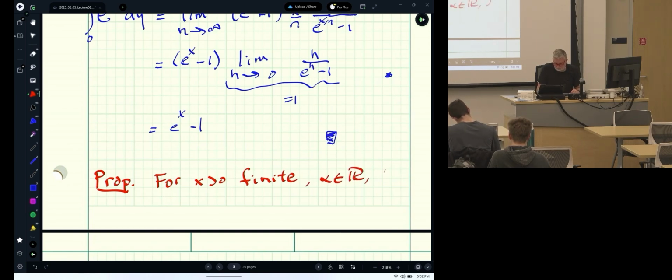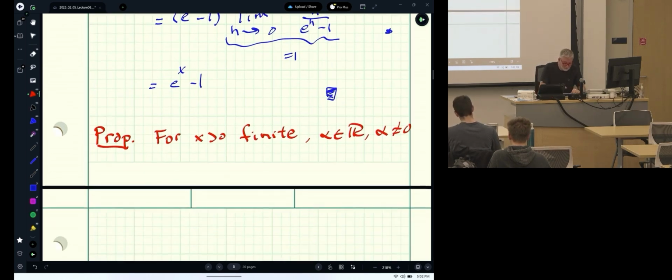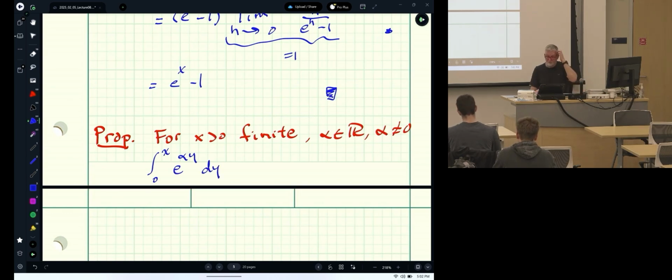Take alpha, a real number, not equal to 0. Then we look at the integral from 0 to x of e to the alpha y dy. Okay, so instead of e to the y, the function has been scaled by a constant alpha that's non-zero.